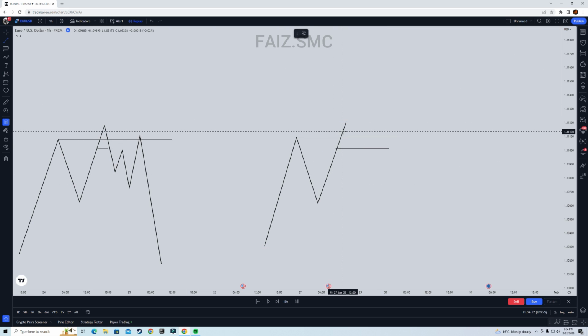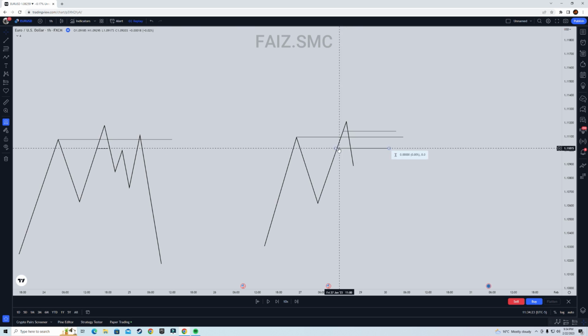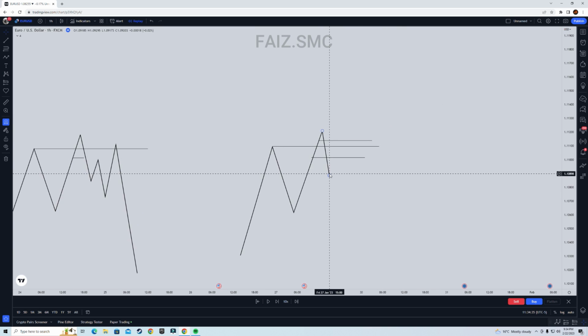You would not look for a shift in market structure here, but here. It should break structure below the range, which is the A leg high. So we have A, B, C. C is the liquidity sweep. And after that, you look for a shift in market structure and take your entry from the fair value gap.